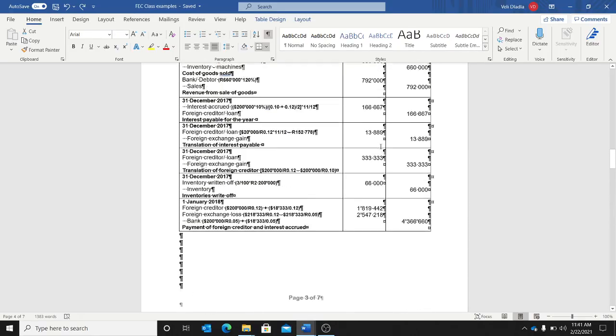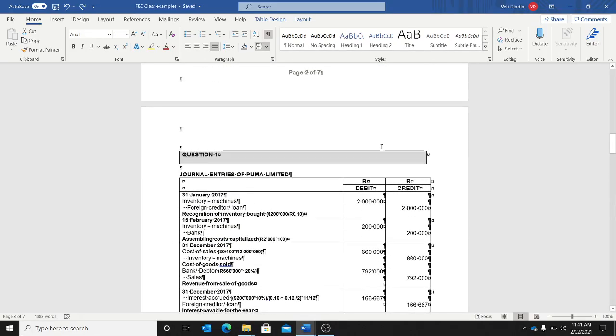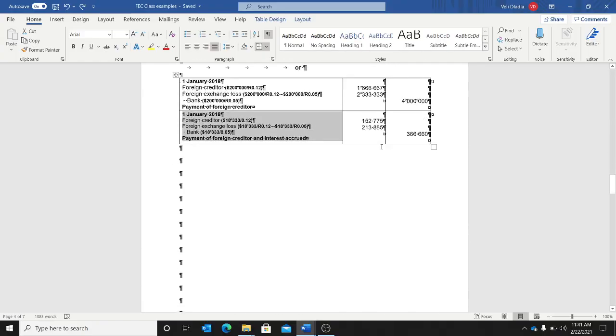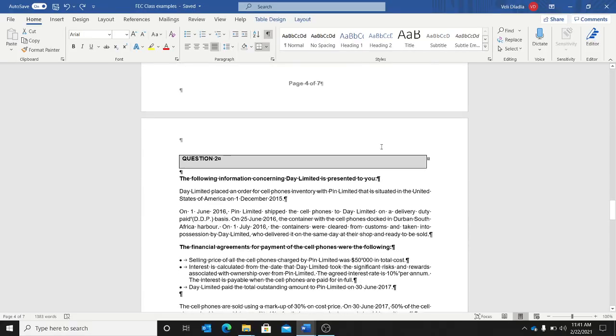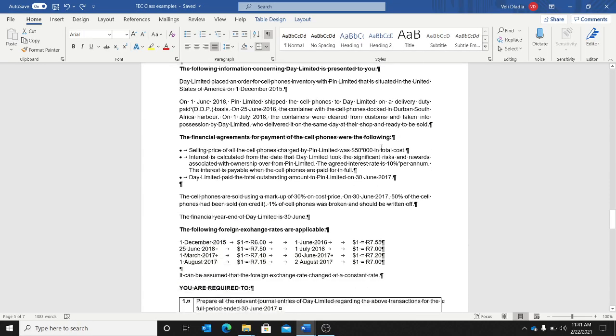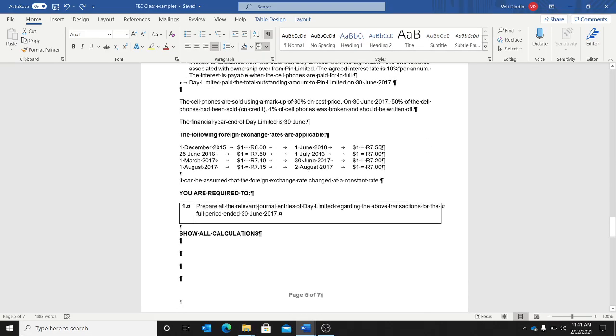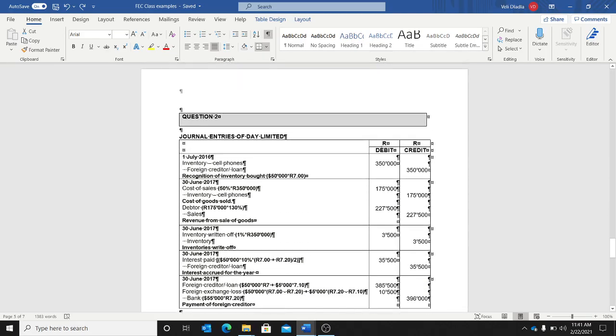Okay, so this exercise basically goes in that way, in terms of you understanding what you do when you're dealing with a foreign creditor. So the second one here relates to direct quotation. It's not a difficult one.